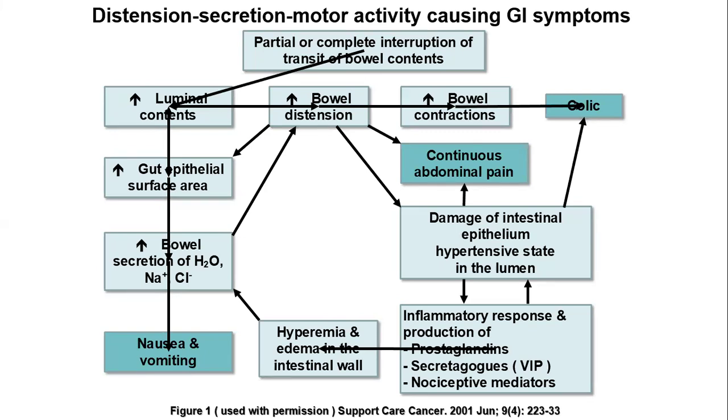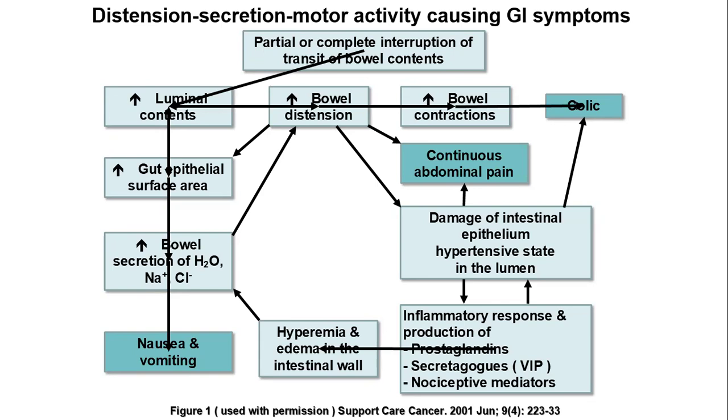Because of the bowel distension, there is increased peristaltic movement. So bowel contractions will increase. But because the pathway is blocked, the flow of the content is not there. So this leads to the colic that they are having.